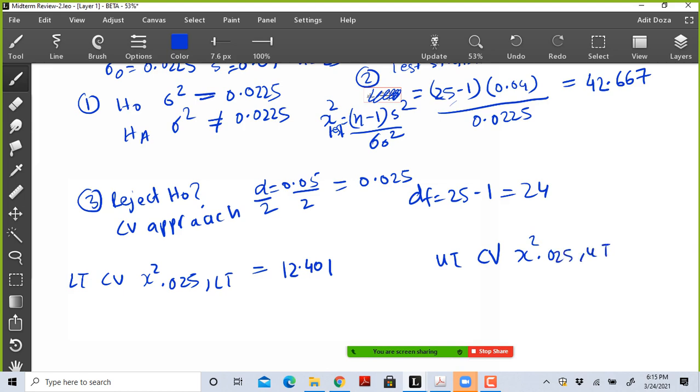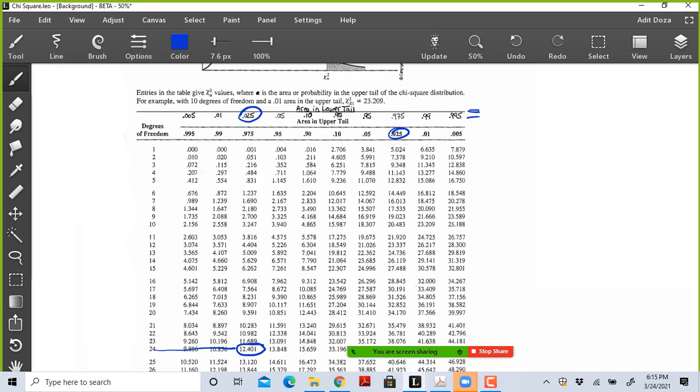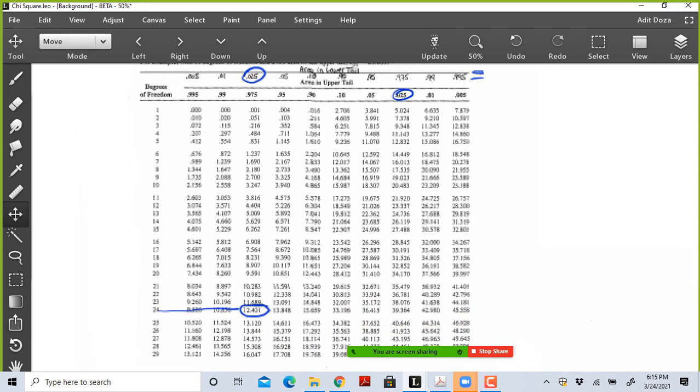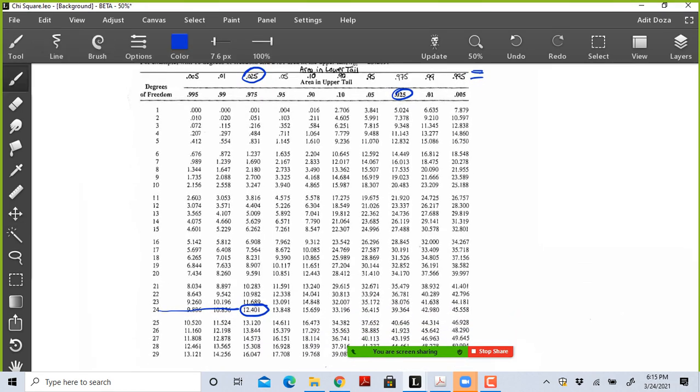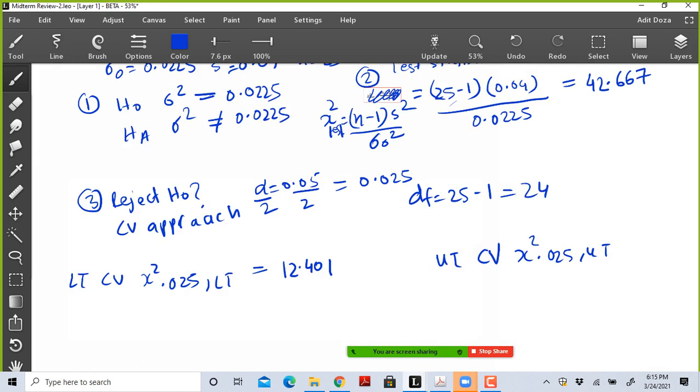What about the upper tail critical value? 0.025 upper tail. Upper tail is on the lower row, and degree of freedom is 24. It's 39.364.